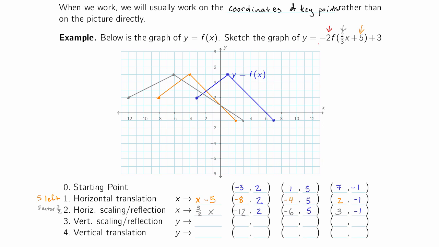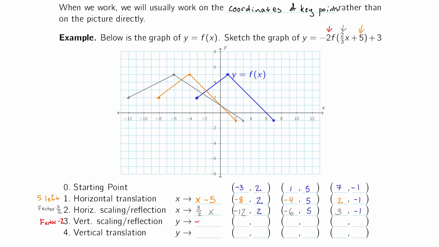The negative sign means there's going to be a reflection. The graph we get next is going to be upside down. And the 2 tells us that it's also going to be twice as tall. So it's going to be upside down and twice as tall.